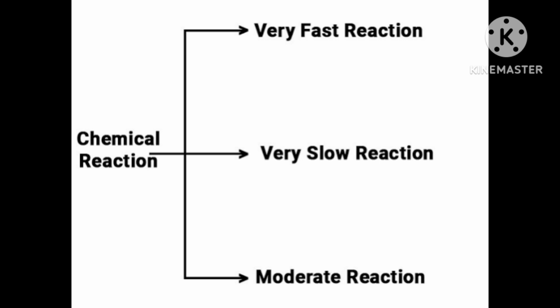Now we have to write the rate. Very easy: rate is equal to, there are three reactants, so all three reactant rates will be with a minus. The main thing is the coefficient.